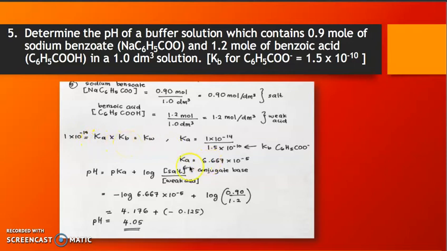So you get Ka here is 6.667 exponential negative 5. And use the Henderson-Hasselbalch equation for pH. And then you get the pH is equal to 4.05.